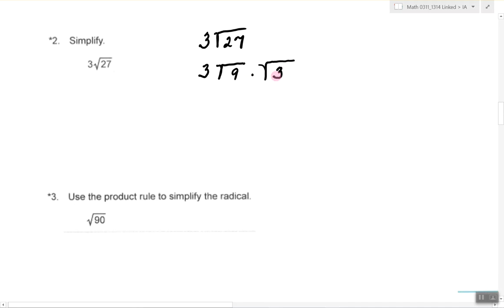You could have used your list, you could have worked with the factors. So I keep this 3 in front. I take the square root of 9, which happens to give me another factor of 3, and I keep the square root of 3. My final answer will be 9 times the square root of 3. That is considered the simplified version of this.